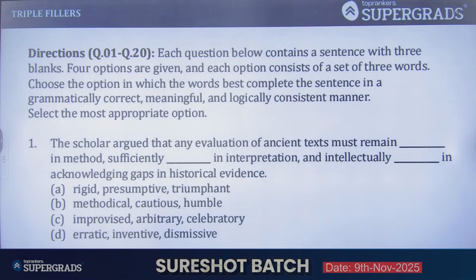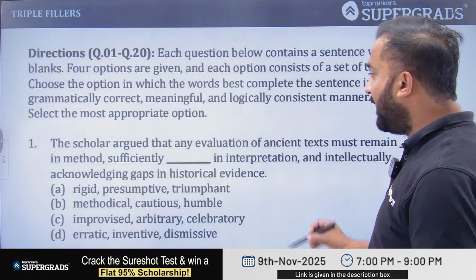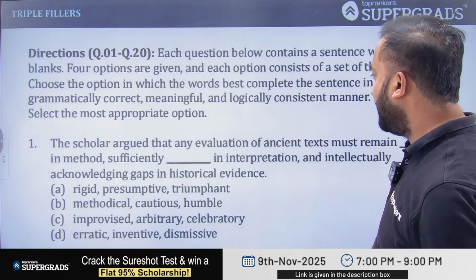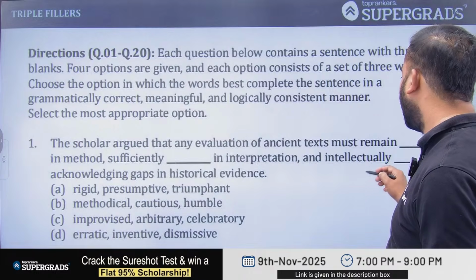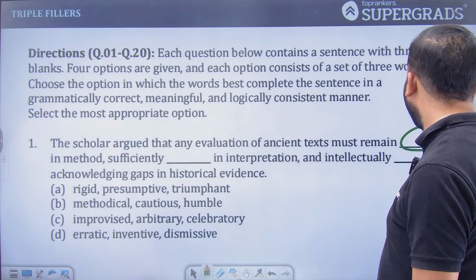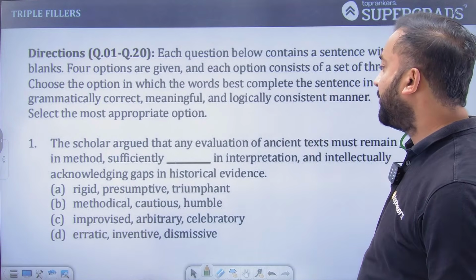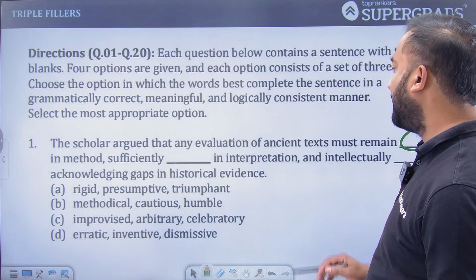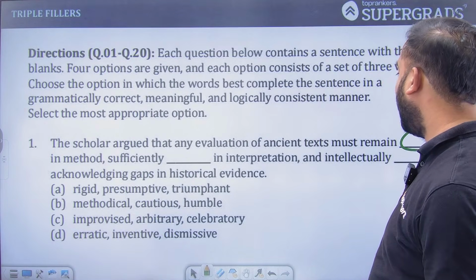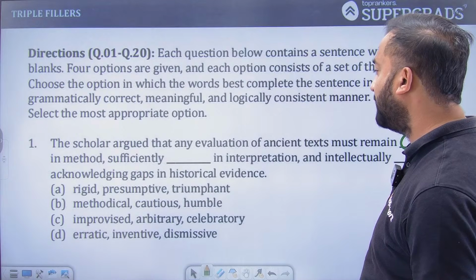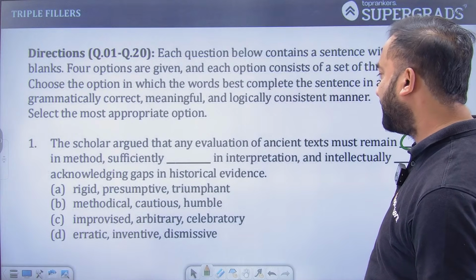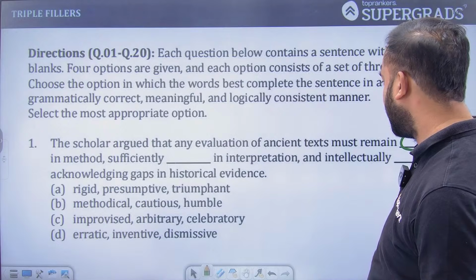First question, students. The scholar argued that any evaluation of ancient text must remain dash in method, sufficiently dash in interpretation, and intellectually dash in acknowledging gaps in historical evidence.